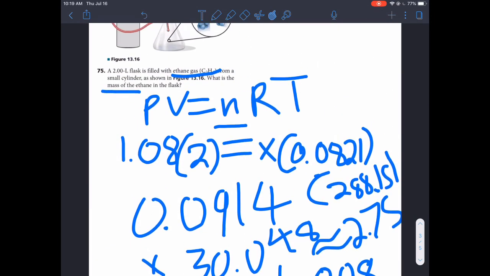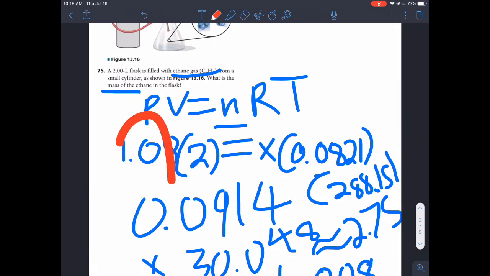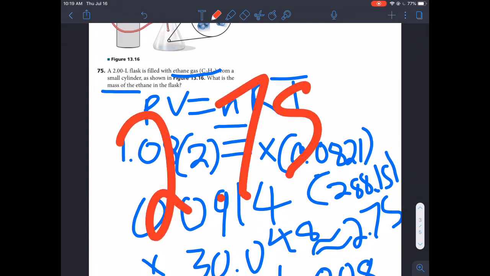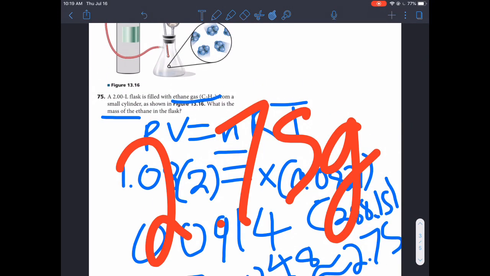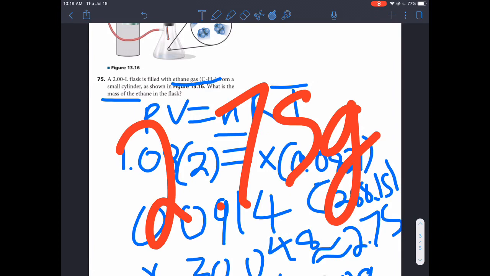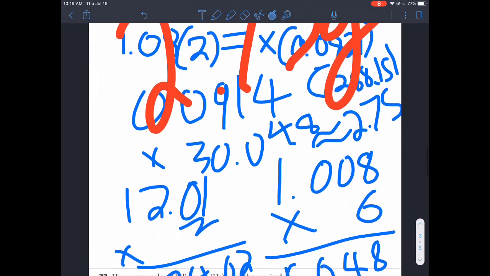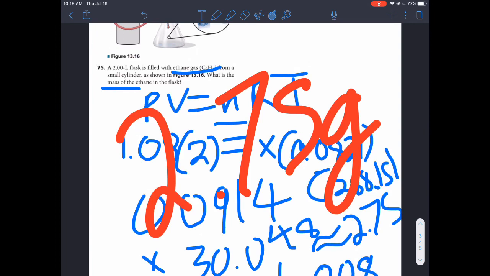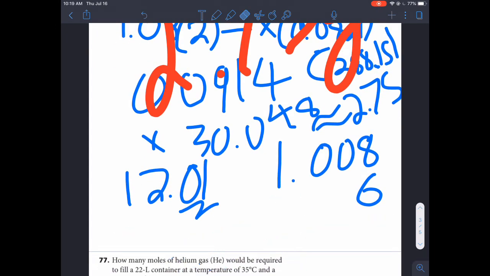So the mass of ethane in this flask is 2.75 grams. Just to go over the steps one more time. We use the ideal gas law to find the amount in moles, and then we're going to convert that to grams using the molar mass of the ethane gas.